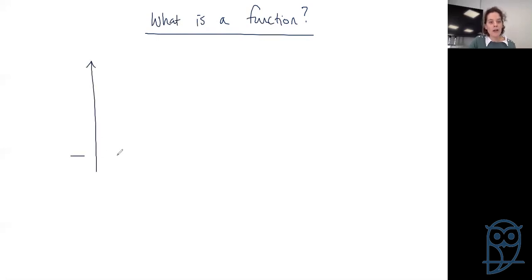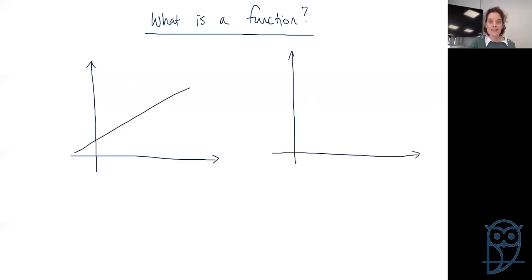They're going to be rather familiar looking. Anything that looks like this is a function, or a quadratic, or a quartic. Okay, so this would be f(x), this would be x, this would be f(x), this would be x.